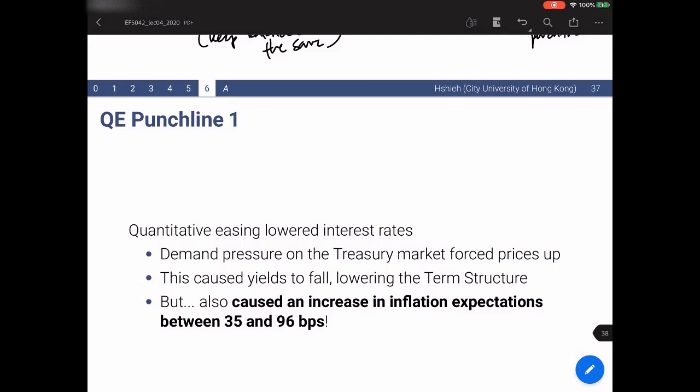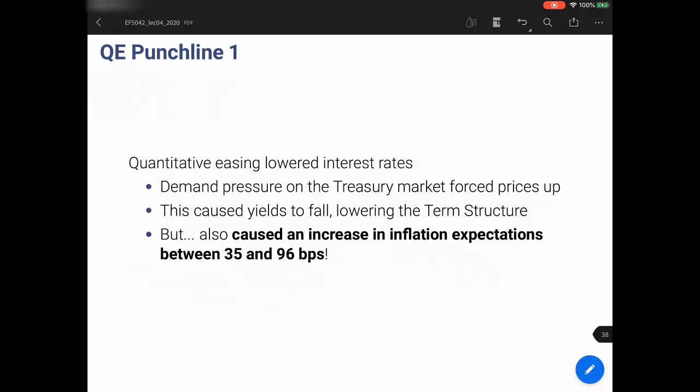Okay, so first things first. Quantitative easing lowered interest rates. I think that's quite obvious. Demand pressure on the treasury market forces prices up. This causes yields to fall, lowering the term structure. However, the takeaway here is that this actually increased inflation expectations by 35 to 96 basis points.